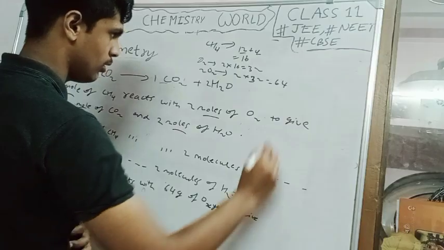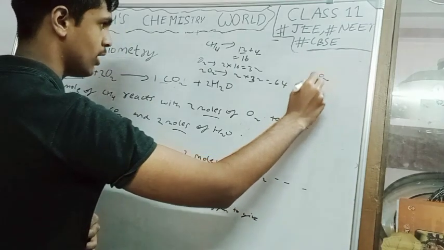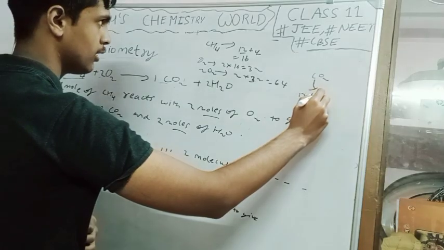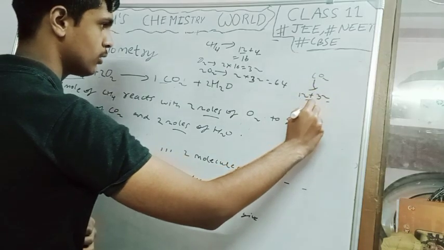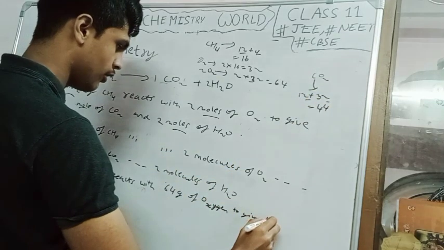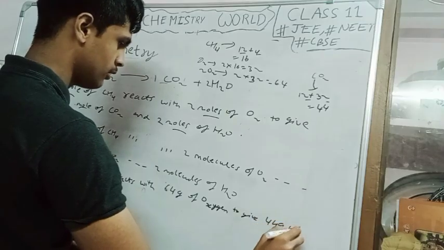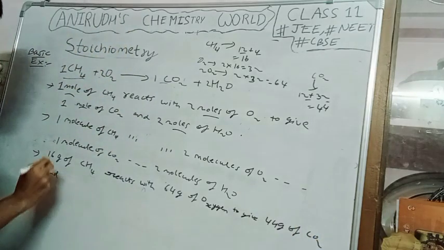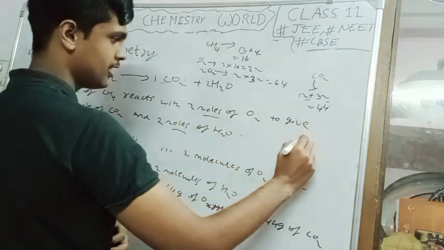what? Carbon dioxide mass is what? CO2, that is 12 plus 32, that is 44. To give 44 grams of CO2, and we have 2 moles of water. Water mass is what?